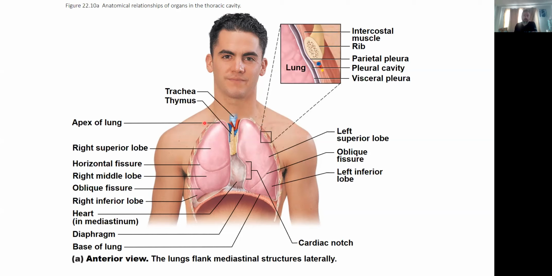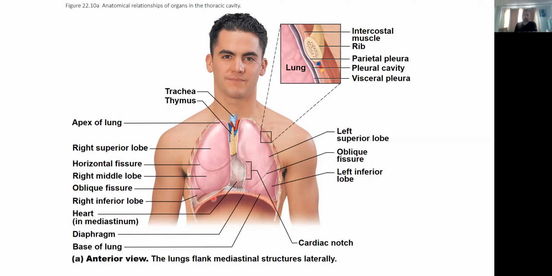But here we have the apex of your lungs all the way up in your neck. And one thing that you may have experienced is going to the doctor, he or she may have put their stethoscope up here, at the corner of your sternocleidomastoid and your clavicle. They were hearing lung sounds at the apex of your lung, because it does come all the way up.